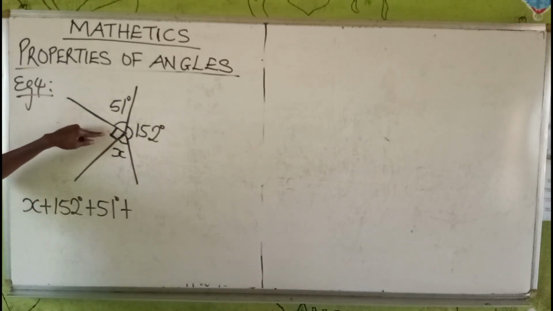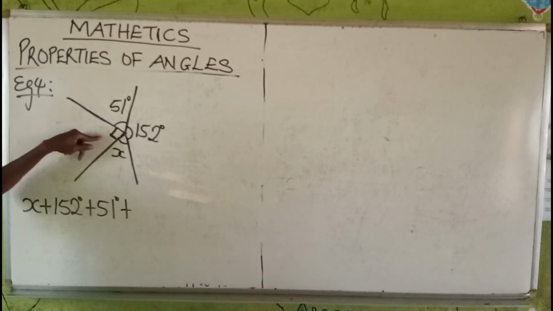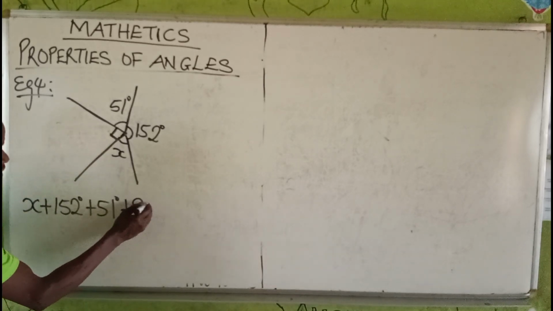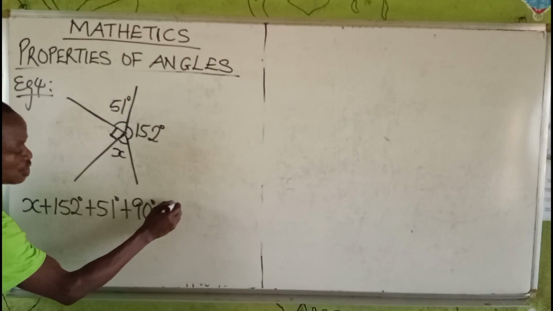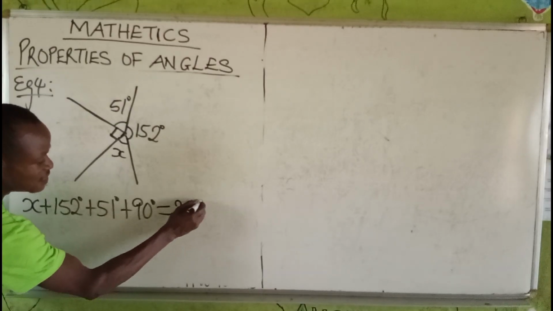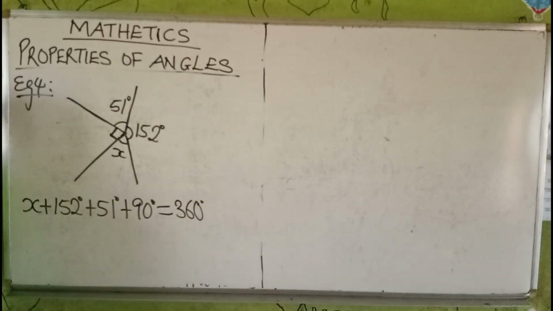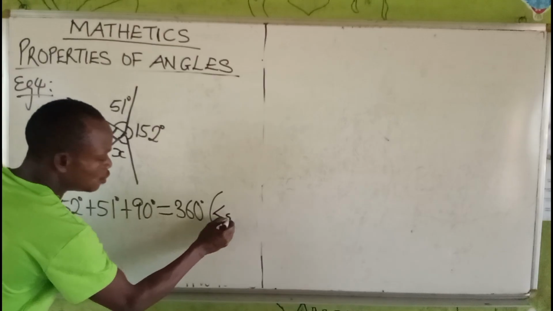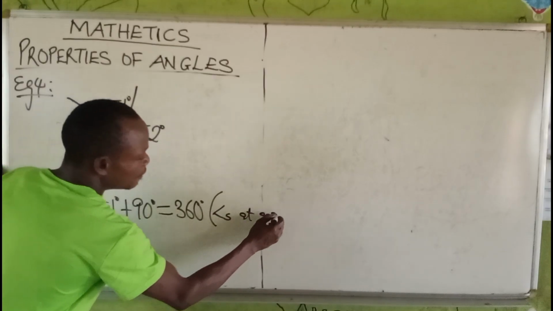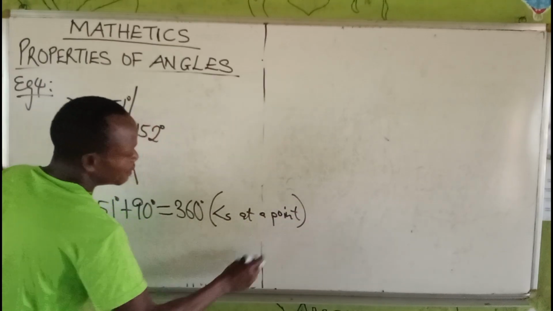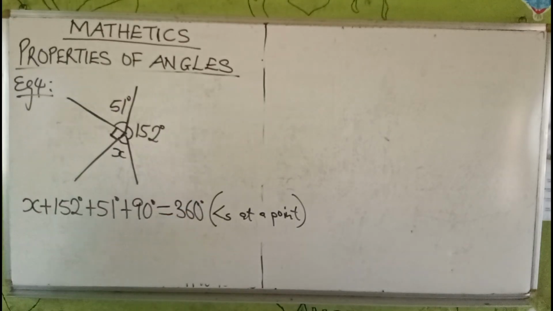So if this is a right angle, that means the angle here is 90 degrees. So plus 90 degrees equal to 360 degrees. And what is the reason? The reason is angles at a point, or angles meeting at a point.